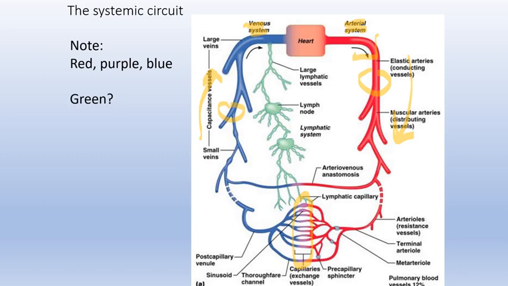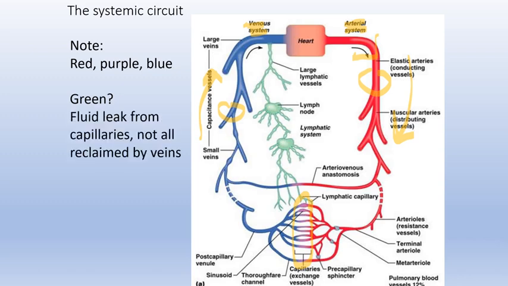What does that do? Just stay there? No, that's called edema. But what happens is that you have like another drainage system. So this fluid does not build up in the tissue. Even though it's not all reclaimed by the veins, it doesn't build up in the tissue because you have these green vessels here.